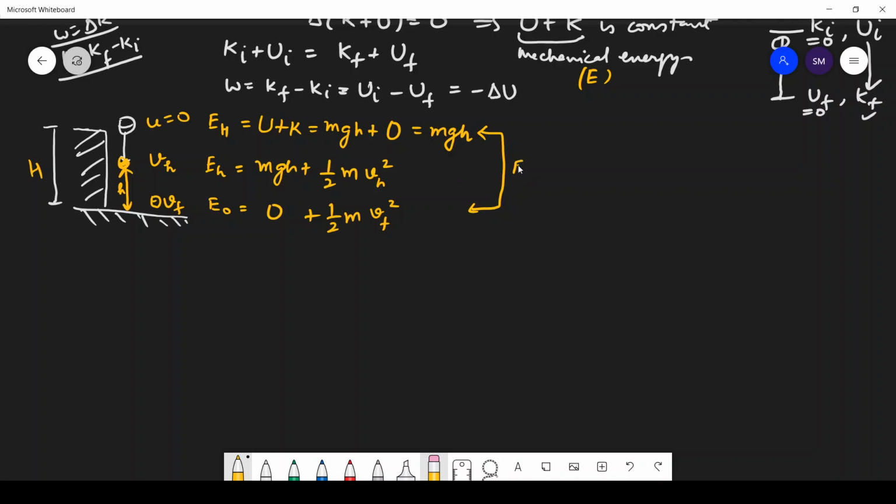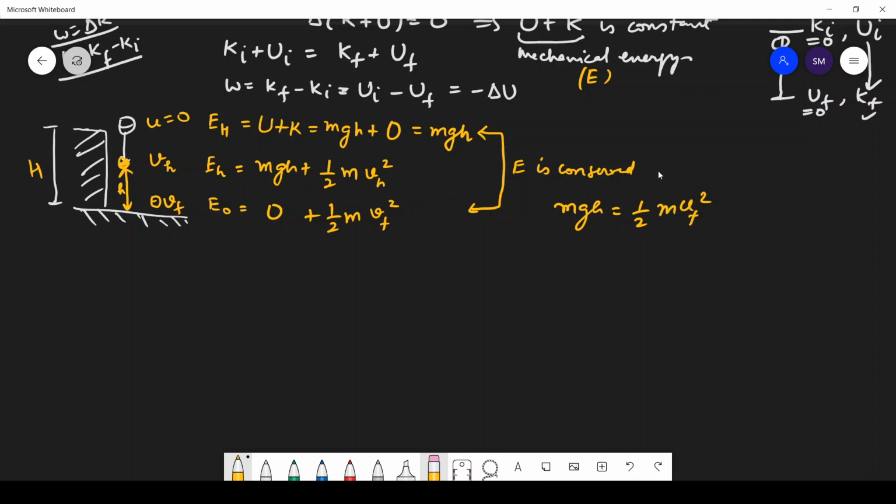So mechanical energy is conserved. We have just proved it. So they will be the same. So it means mgh is equal to half m vf square. So mechanical energy is conserved.